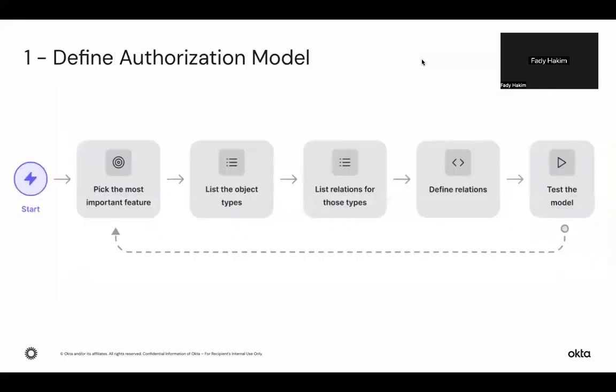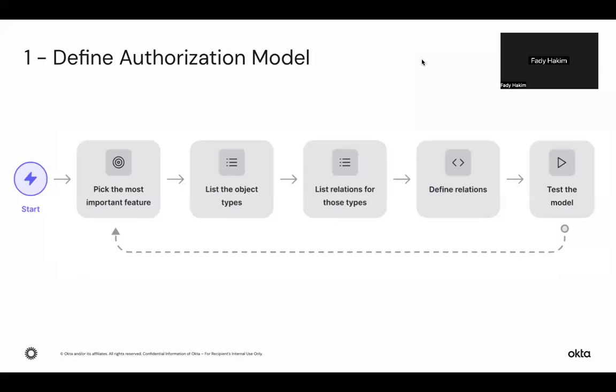So how can you build the authorization model? We're going to see it in a demo, but what I tell my customers is to usually start by thinking about the most important feature you want to do authorization on. Once you have this feature, you define the objects you want to define relationships between, and then you define the relationships. After that, you start testing, and then you can iterate this process to add more objects to your authorization model.